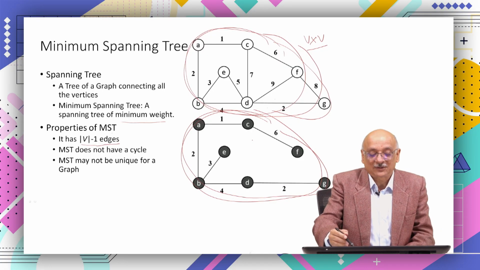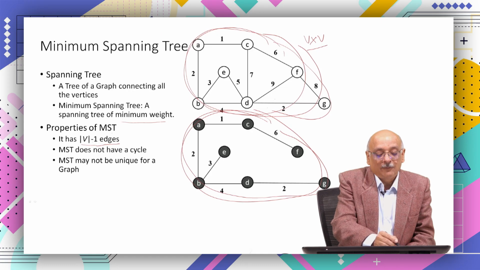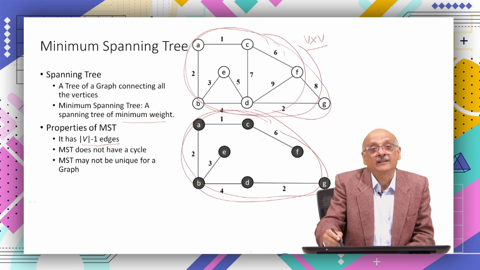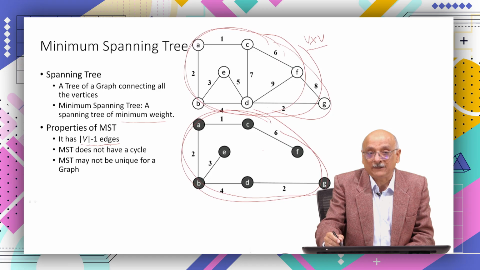Suppose a tree consists of two vertices, it will have just one edge, so one less. If a tree consists of 3 vertices, then it will have just 2 edges, right? So that is why we have V minus 1 edges in the minimum spanning tree.